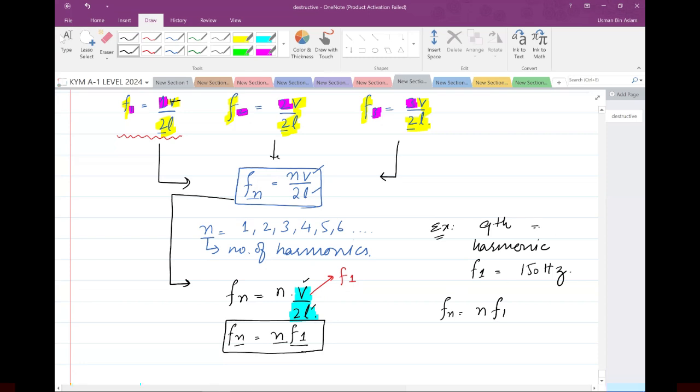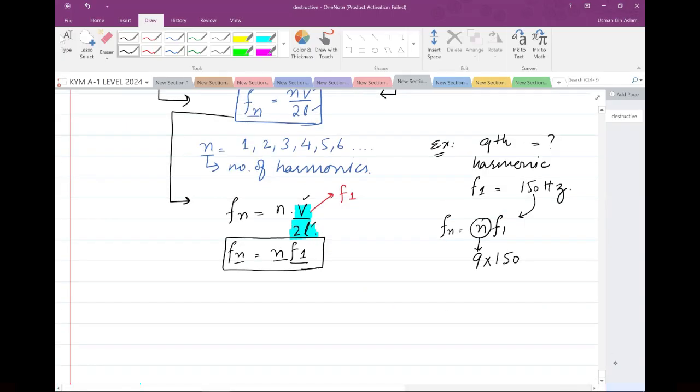If you want to find out the frequency of the ninth harmonic, instead of small n over here, you're going to place 9, and instead of F1, you're going to place 150. That's the frequency of the first harmonic that's supposed to be given in the question. So the ninth harmonic comes out to be equal to 1350 hertz.